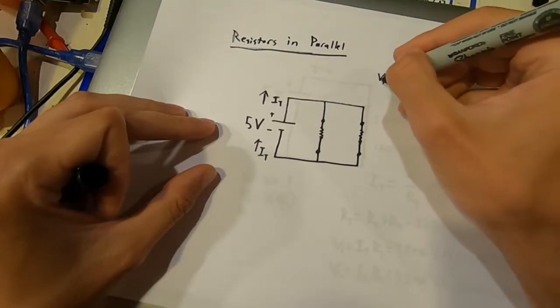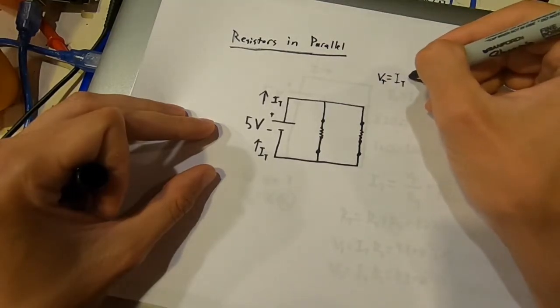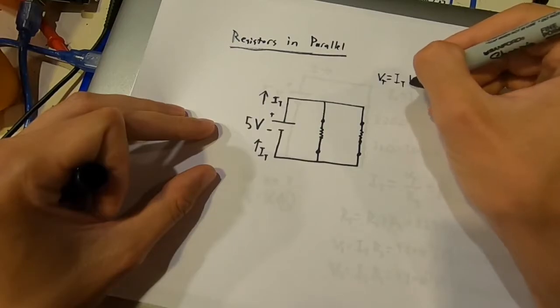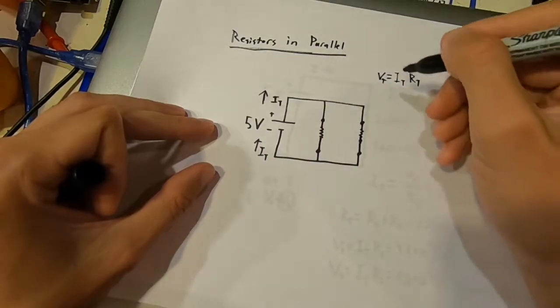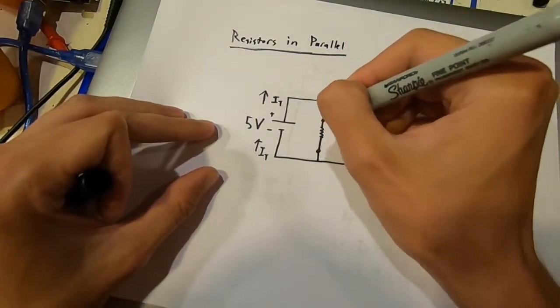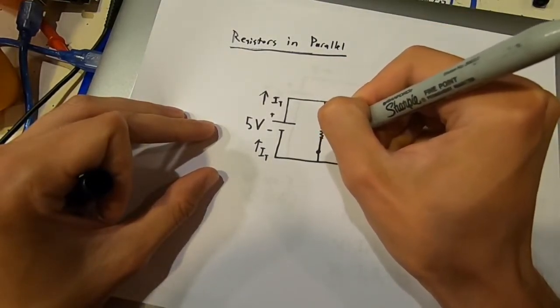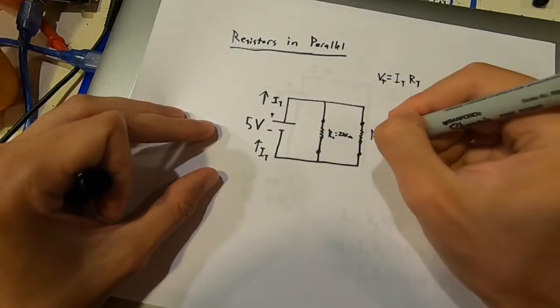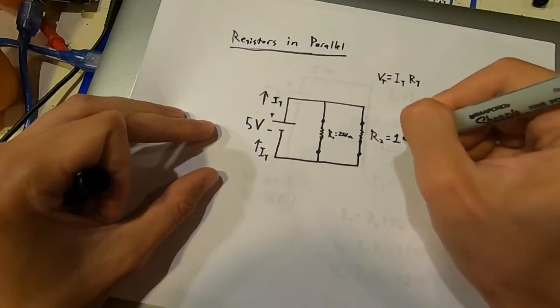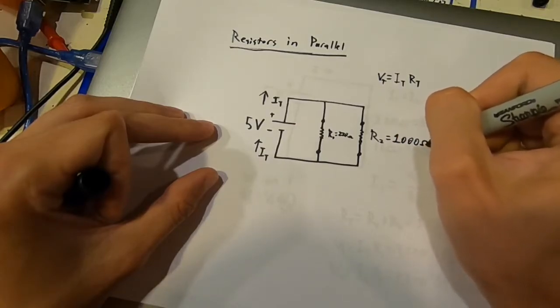So total voltage is still going to be equal to the total current times total resistance. But now we've got two different ways for this current to go. So now this is our R1, it's going to be 220 ohms. R2 is still going to be equal to 1,000 ohms.